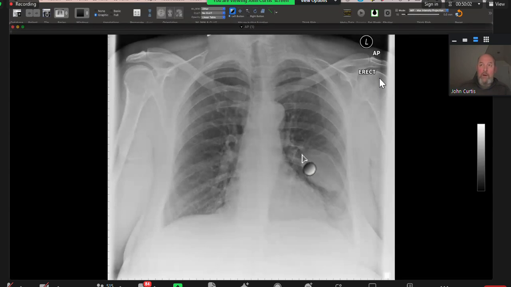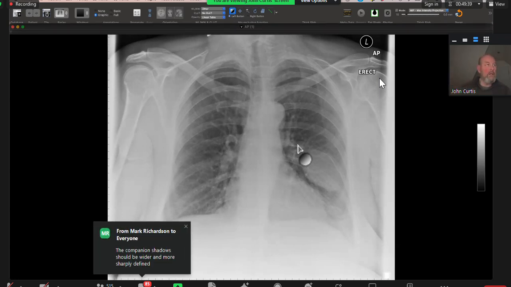And we've got the incomplete border sign, so it's well defined, and then it's poorly defined, well defined, then poorly defined. And this is a neurofibroma or a schwannoma. So underneath the rib lives the vein, artery, and nerve, and this is a neural tumor, nerve sheath tumor. Okay, most likely. And then the last one was the subarachnoid hemorrhage.